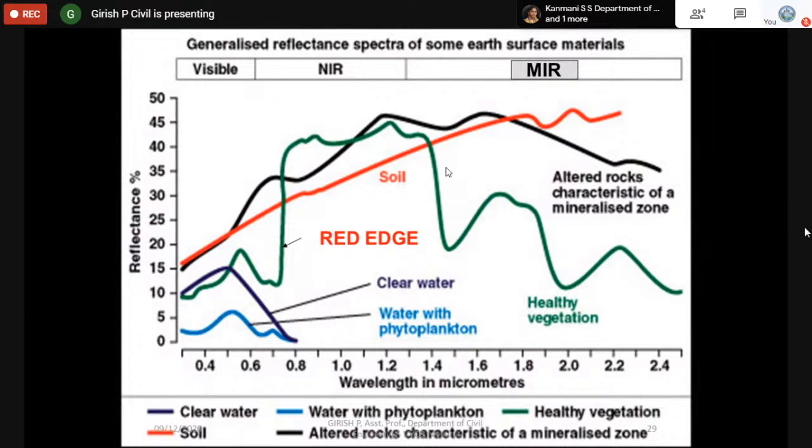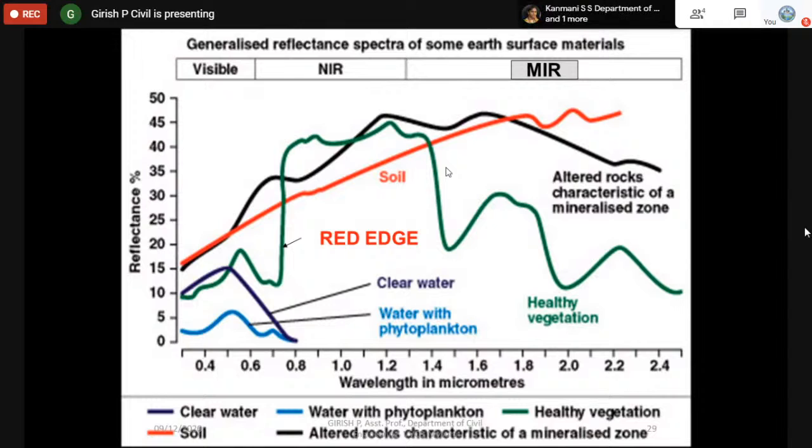Particularly, in vegetation, the compound called chlorophyll strongly absorbs radiation, particularly in the red and blue wavelengths, and reflects green wavelengths. So in the green portion of the wavelength, it always reflects the radiation energy.